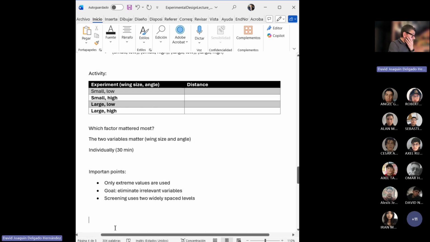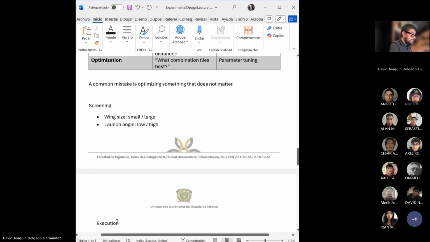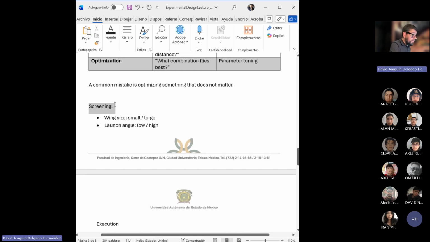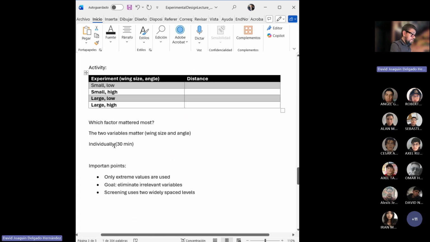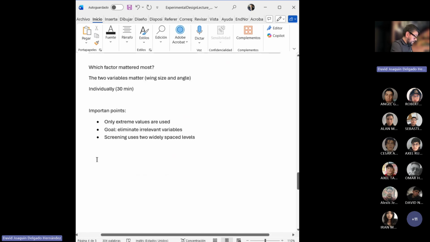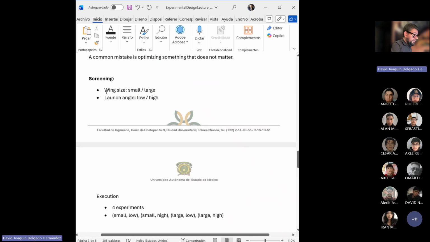Now let's move on to the characterization activity 2. This is a screening. I am going to put it in bold. And the following would be characterization. So here, let's copy this.